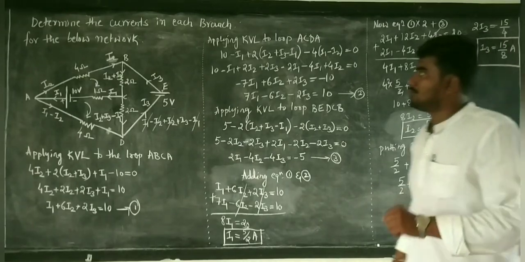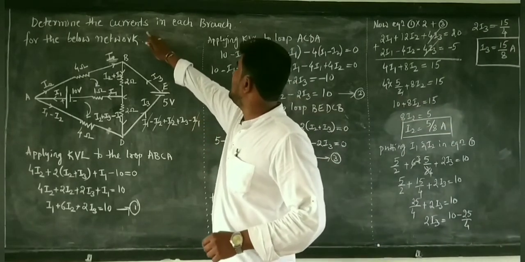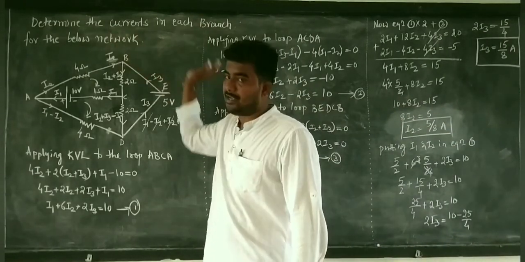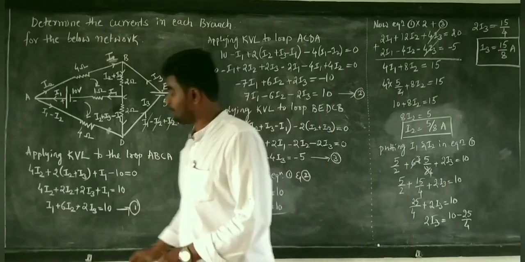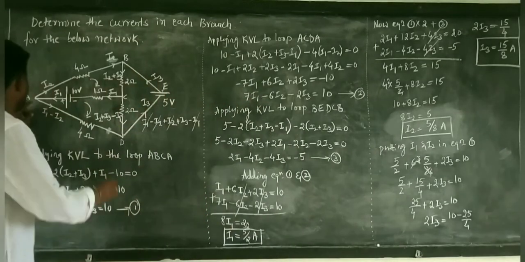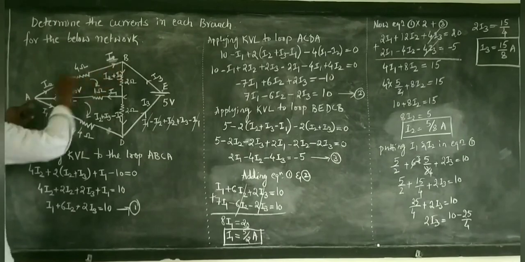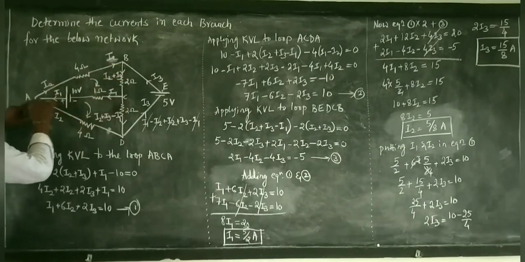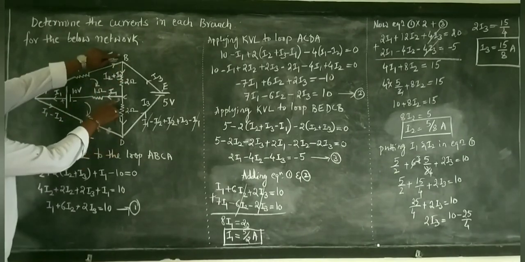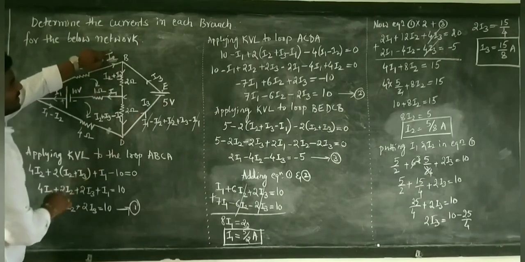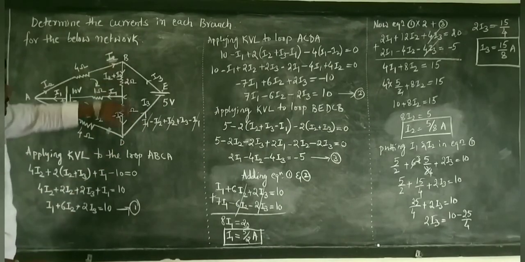Okay, but the question is, determine the currents in each branch for the below network. It means we should know the current between A and B, the current between A and C, A and D, BC, CD as well as BD.